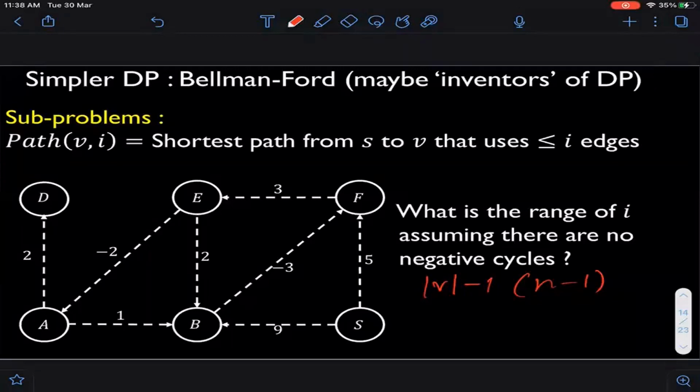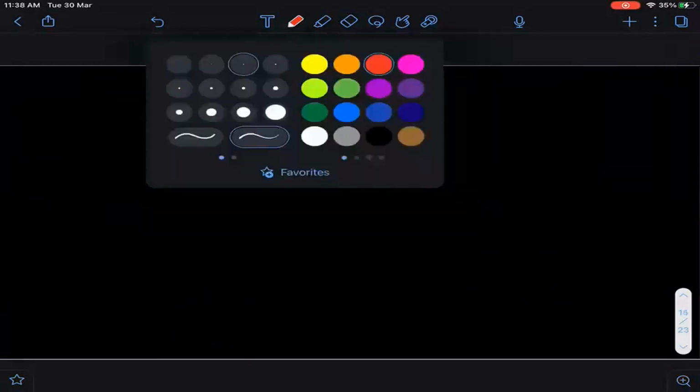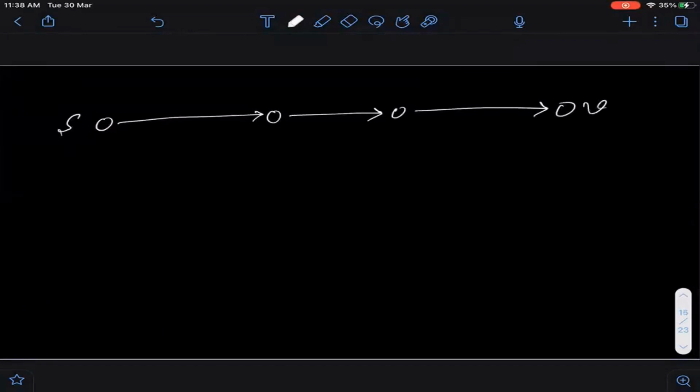Okay, so let's see. What we are saying here is the following. Suppose this is a path. Let's say this is V, and your path uses more than n-1 edges.